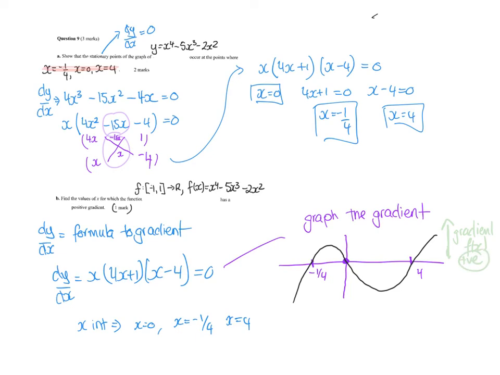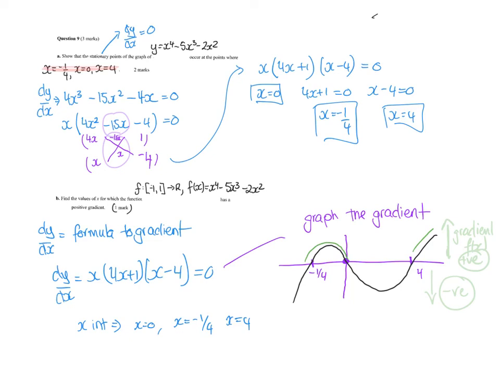Because I'm graphing the gradient, not that original function. And then down here would be when it's negative. So when do they ask me, when is it positive? Well, it's positive between here and here, isn't it? Before it goes under that line, and also out there, that bit.